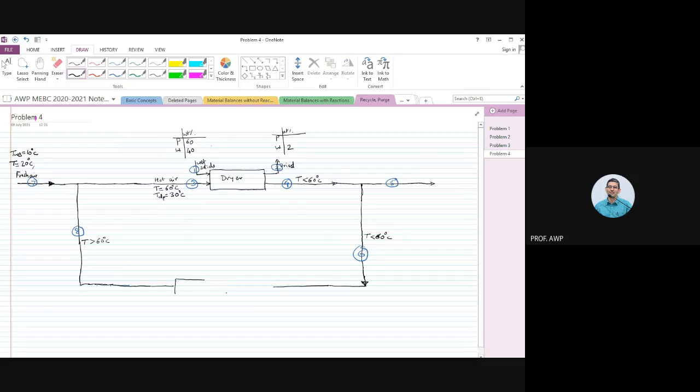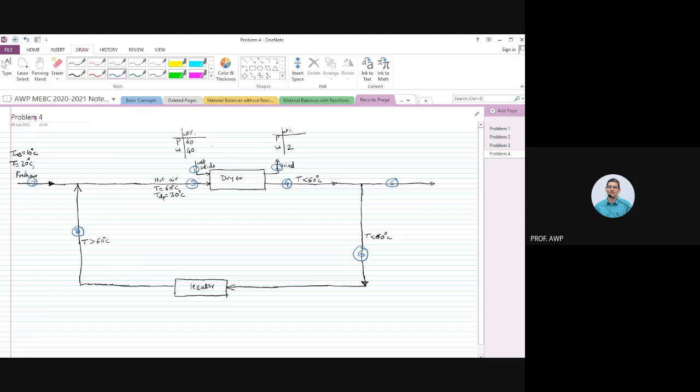We will heat it up in a heater, maybe an electric heater, and then we will call it stream number 8, and that stream number 8 now will have a temperature more than 60 degrees centigrade. So then if I mix it with stream number 7, I will get stream number 3, which has a temperature of 60 degrees centigrade and dew point of 30 degrees centigrade.